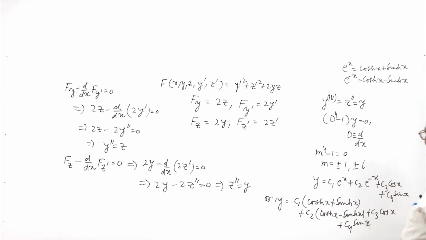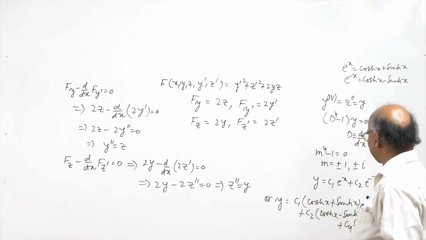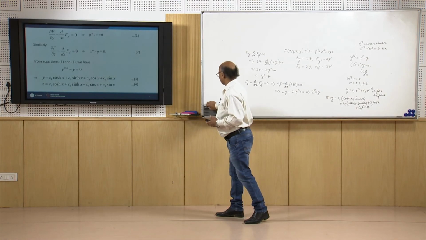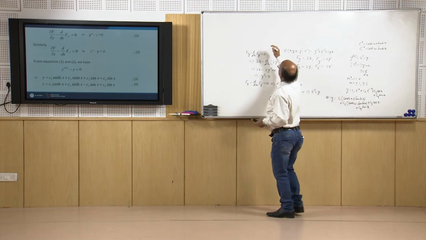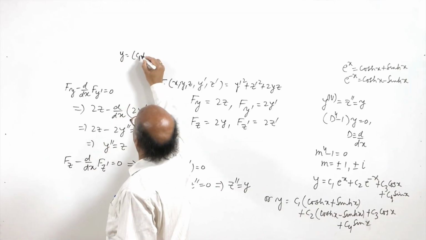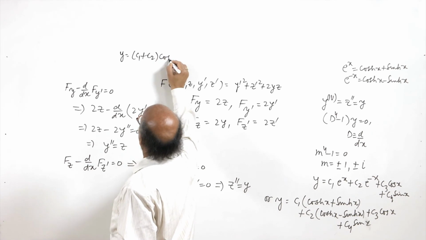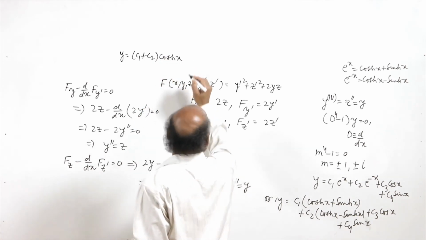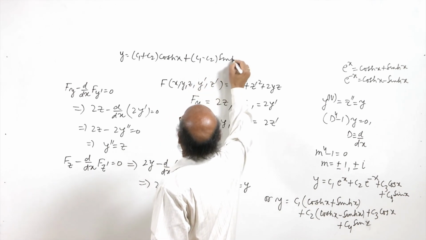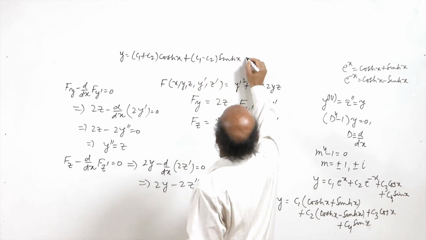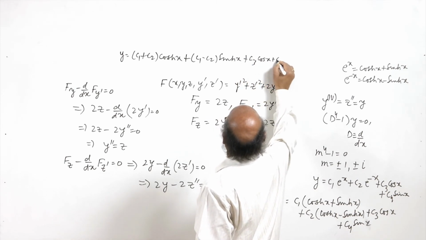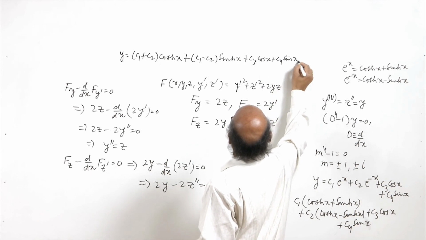Then collecting the coefficients of cosh x and sinh x, one can write y equal to (C1 plus C2) cosh x plus (C1 minus C2) sinh x plus C3 cos x plus C4 sin x.